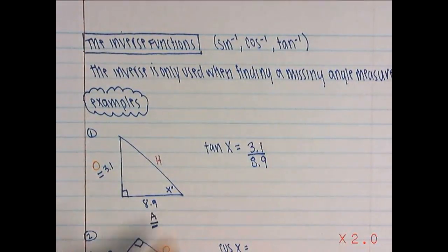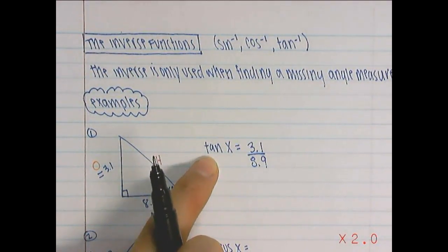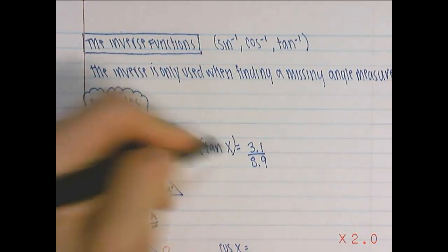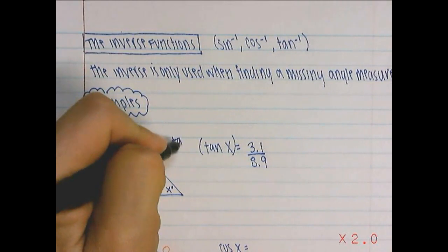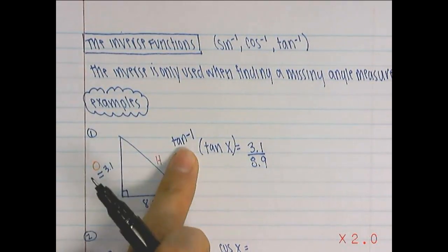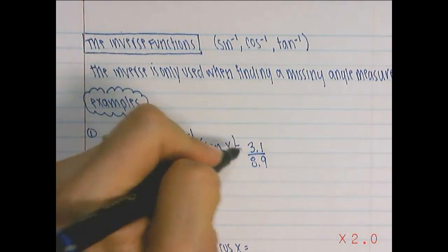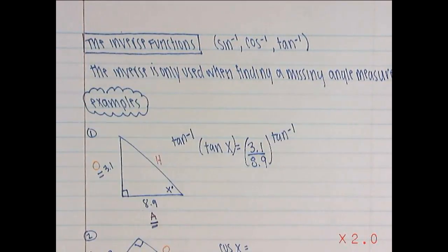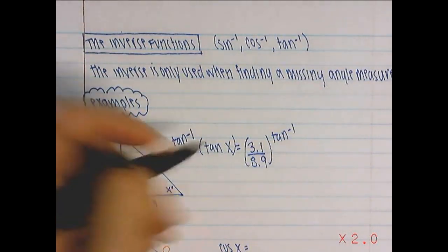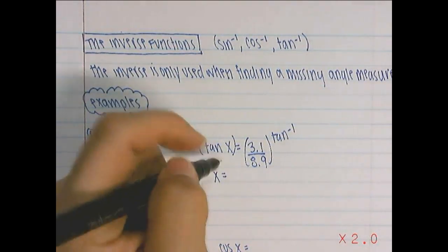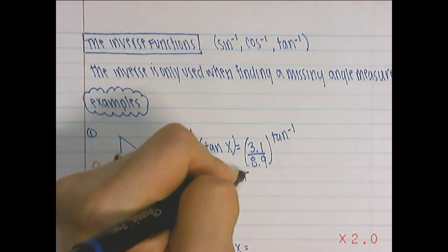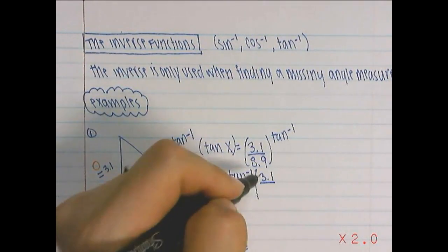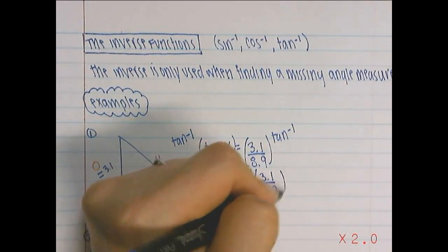The whole thing where inverse tangent comes in is I can't divide by tangent x. What I have to do is multiply by inverse tangent, so inverse tangent on this side and inverse tangent on that side. What that looks like is x equals tangent -1, or inverse tangent, of 3.1 over 8.9.